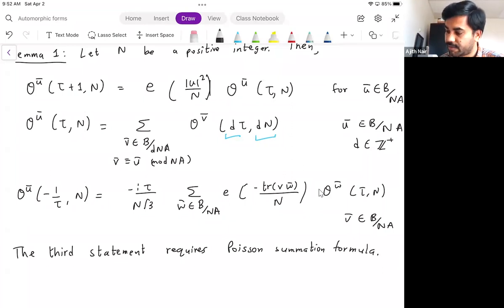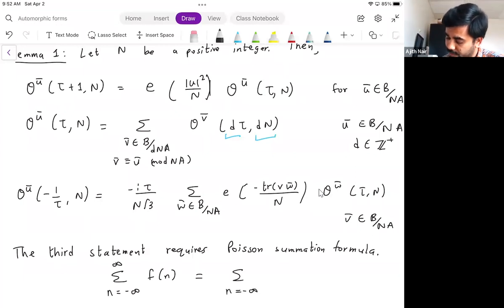Just to remind, the Poisson summation formula says that if you look at the summation of f of n over integers n and the summation of f hat of n, then these two are the same for a nice class of functions.